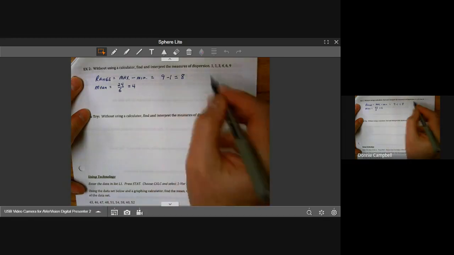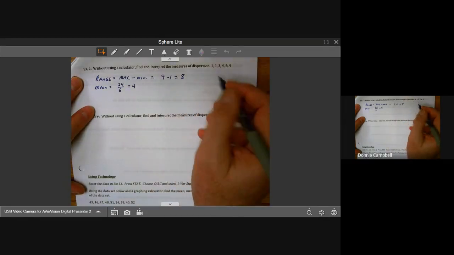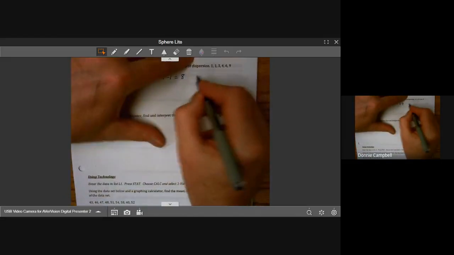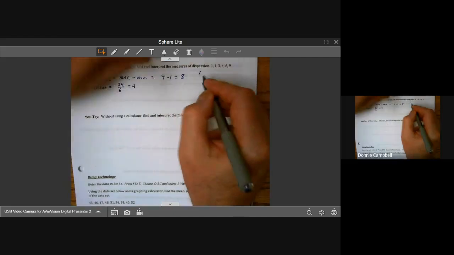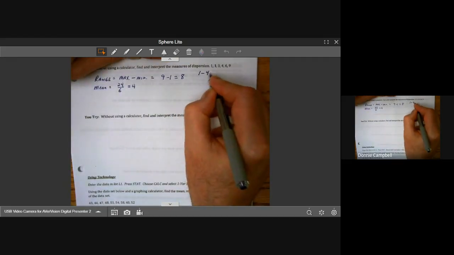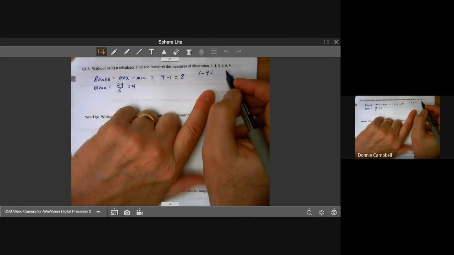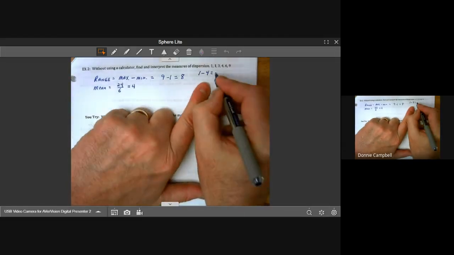So then the way you're going to do this is you're going to take all the numbers and subtract the mean from them, and then you're going to square the numbers. So for example, I'm going to take the first number, which is 1, then I'm going to subtract the mean, which equals -3.